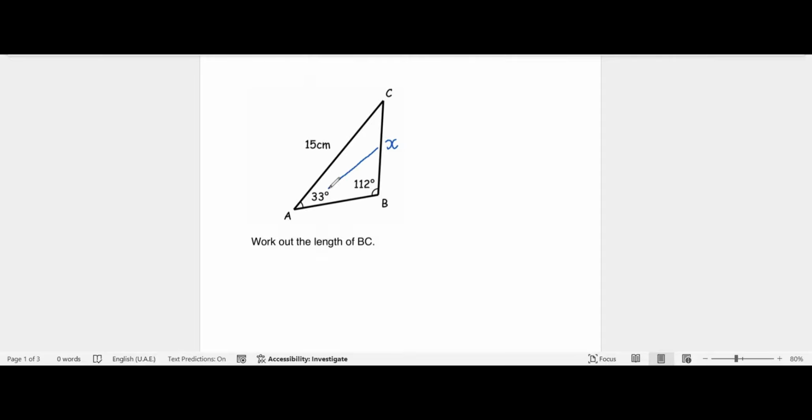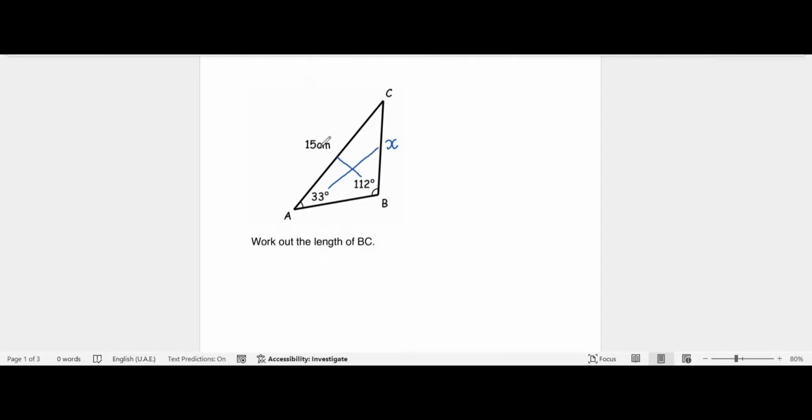We need to find out the side opposite to it. Now 112, let's check if we have the side opposite to this angle 112. Opposite to angle 112 is the side which is mentioned there, 15. So when we have an angle and its opposite side and one more angle and its opposite side, then we can use law of sine.